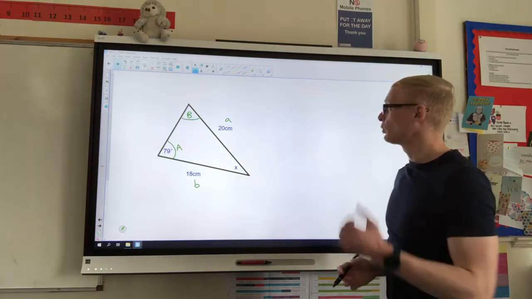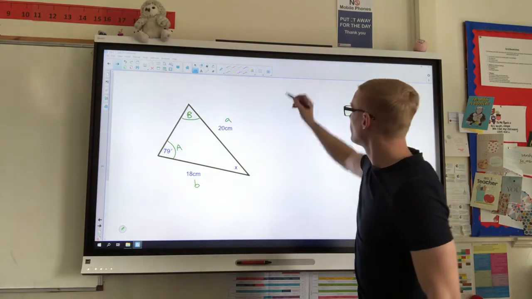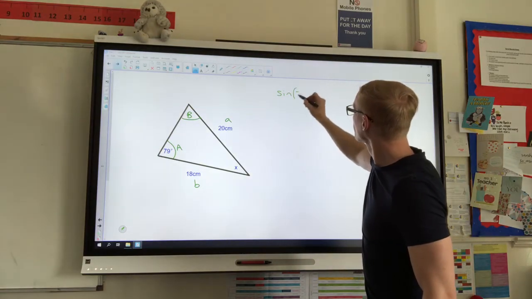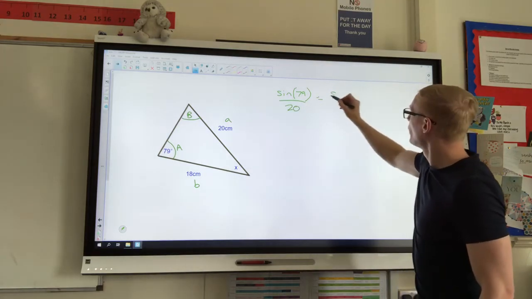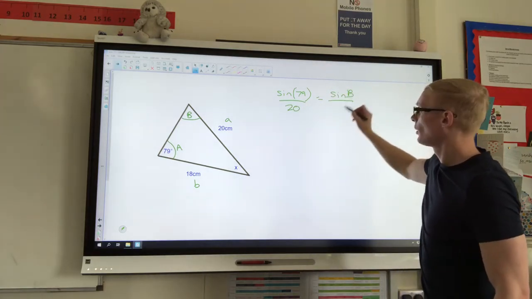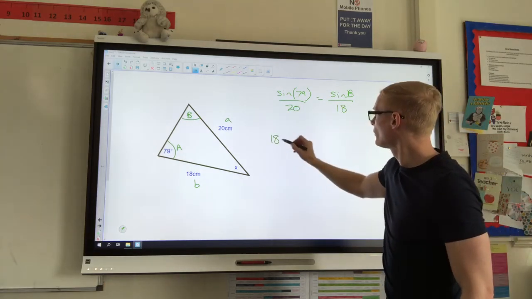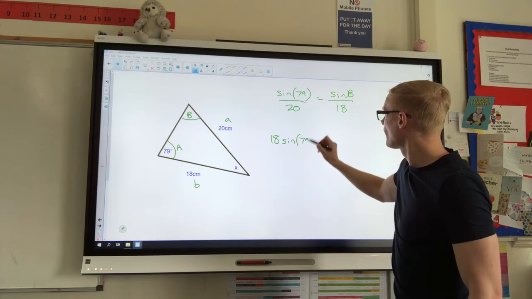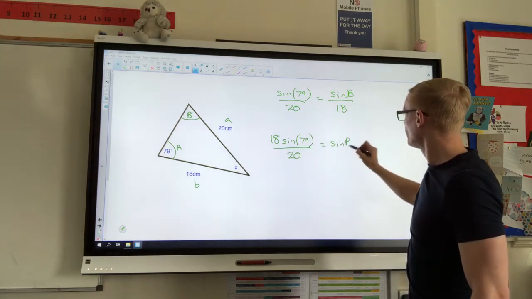Sine a over a equals sine b over b. So we're going to use a first, so sine a over 20 is equal to sine b over 80. Multiply that up, and that's equal to sine b.